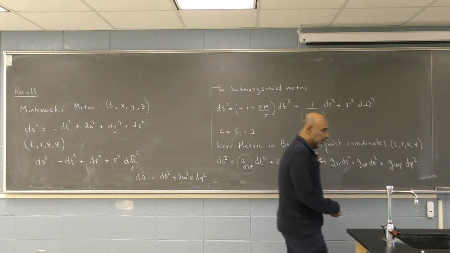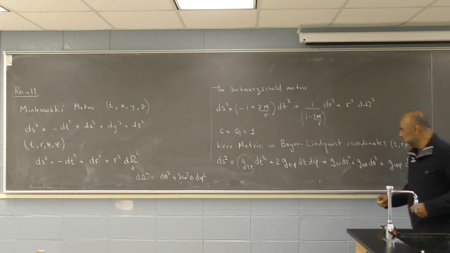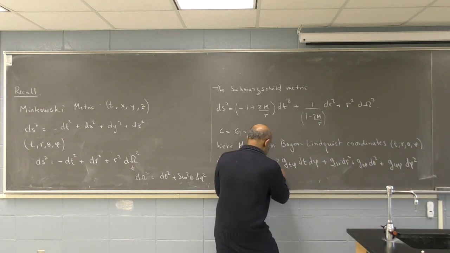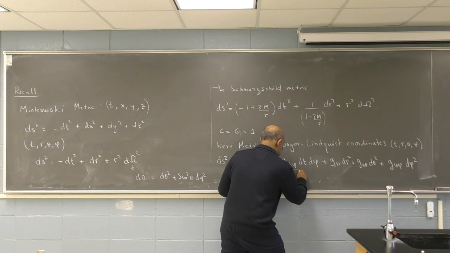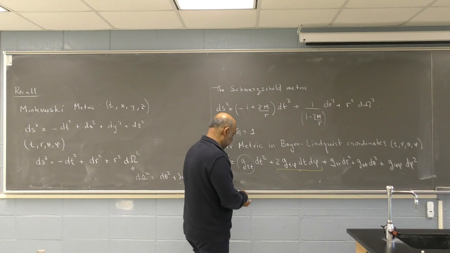The second thing I'd like to clarify is this notation that physicists use that requires a little explanation. And you might say, why did I put this 2gt phi?